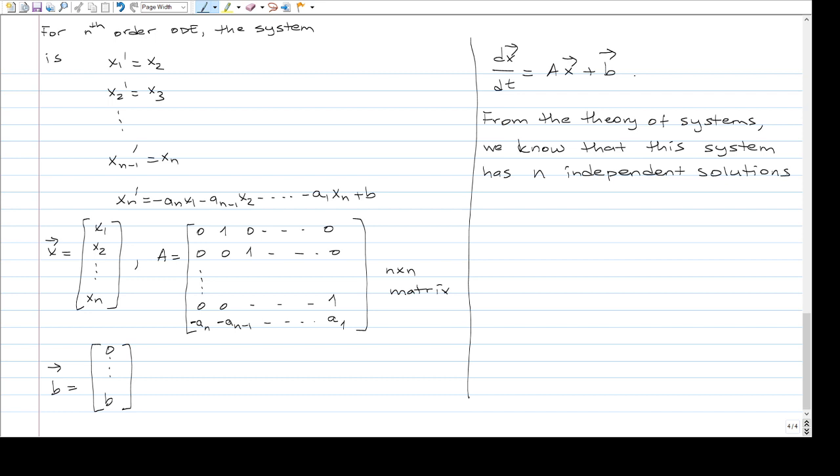Since we have an n by n system, it's going to have n independent solutions, x1 through xn, I mean the solutions of the system.